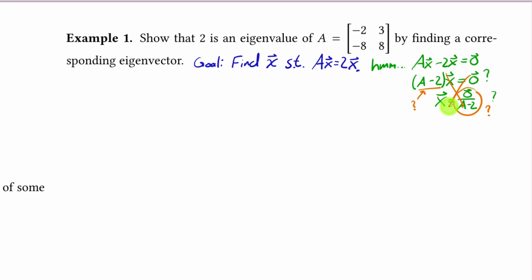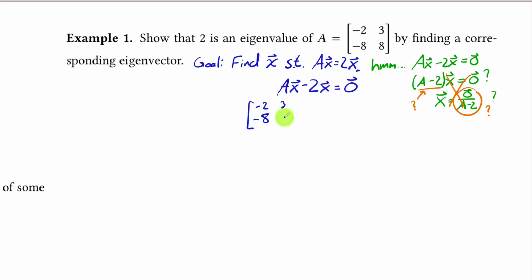So this doesn't really work, but this does almost work. We just need to make a little modification to this idea. And that modification is to notice that 2 times x is the same thing as 2 times the identity times x. So let's be explicit with actual numbers here to see what I mean.